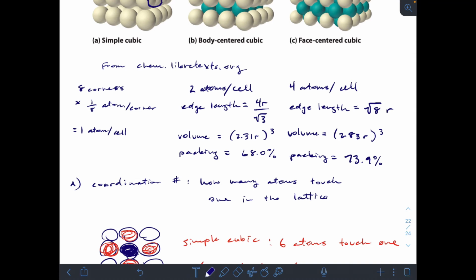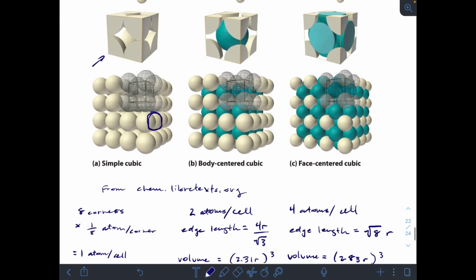Okay, so the other thing to understand about face-centered cubic is that there are 2 different arrangements for face-centered cubic. They both result in the same unit cell, but you'll see face-centered cubic referred to as either hexagonal close pack or cubic close pack.